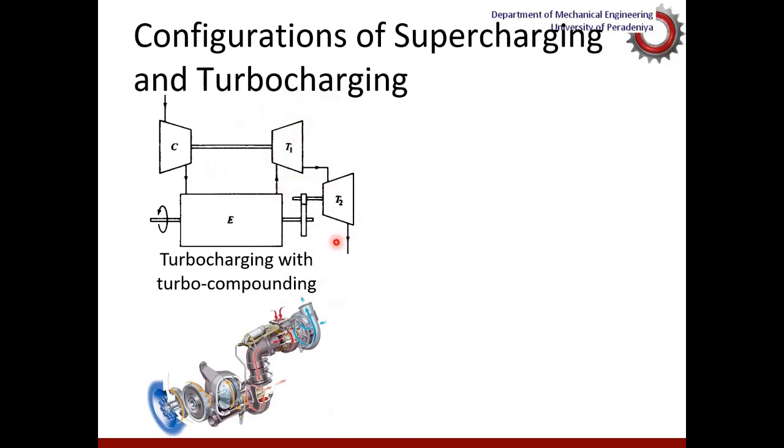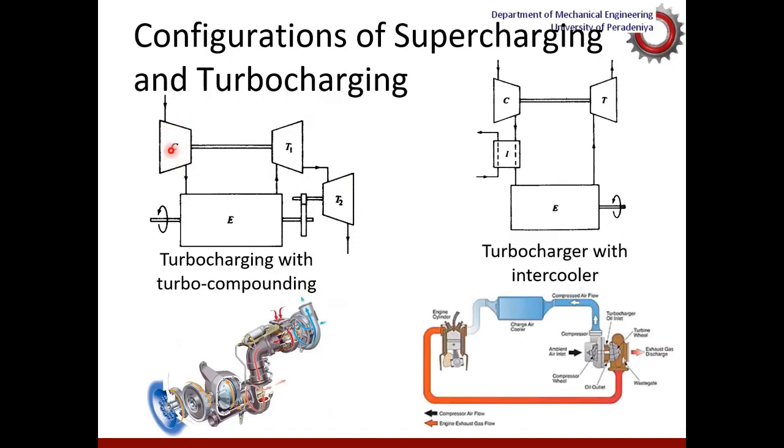So you can boost the operation of the turbine by having two turbines like this, and better compression at the compressor could be expected. And this is the configuration of turbocharger with intercooler. So after the compression, the air is sent through an intercooler that we looked at earlier, so that the reduction of temperature and increase of density could be expected.